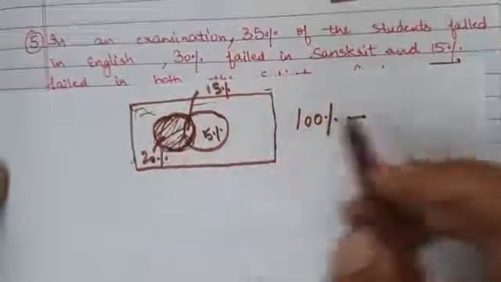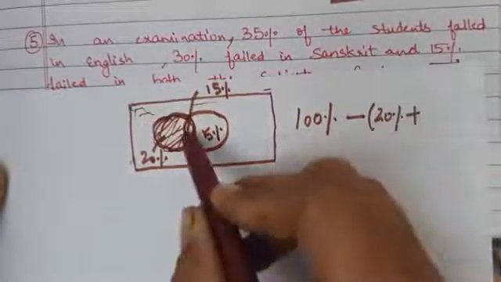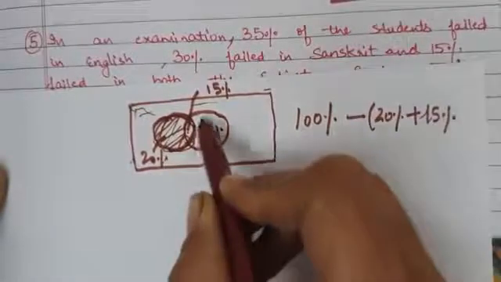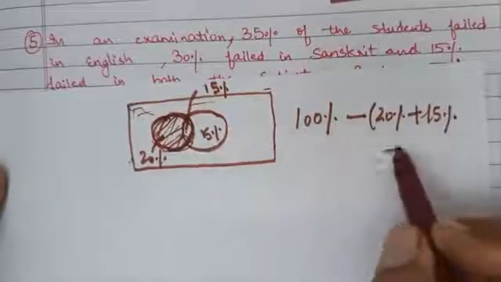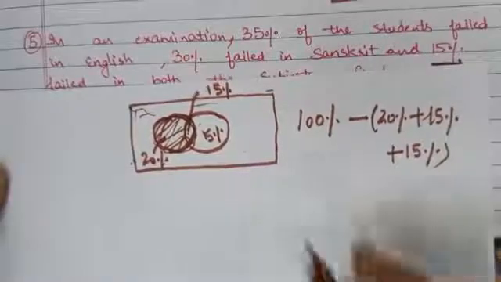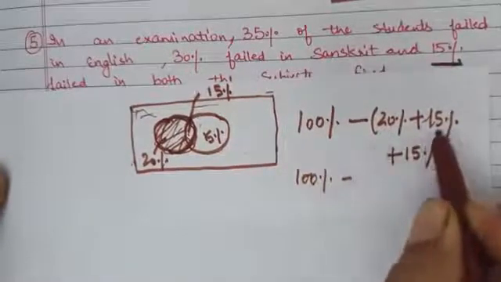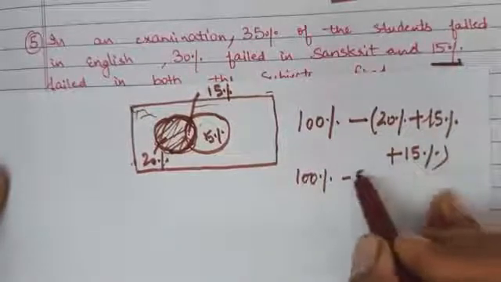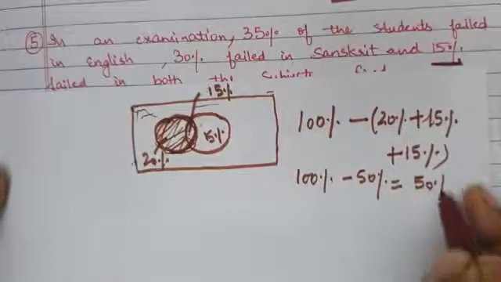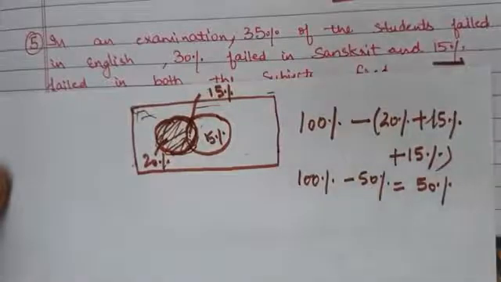This is 20%, this is 15%, this is also 15%. So 100% minus 20 plus 30, which is 50, we get 50% of the students who passed in both the subjects.